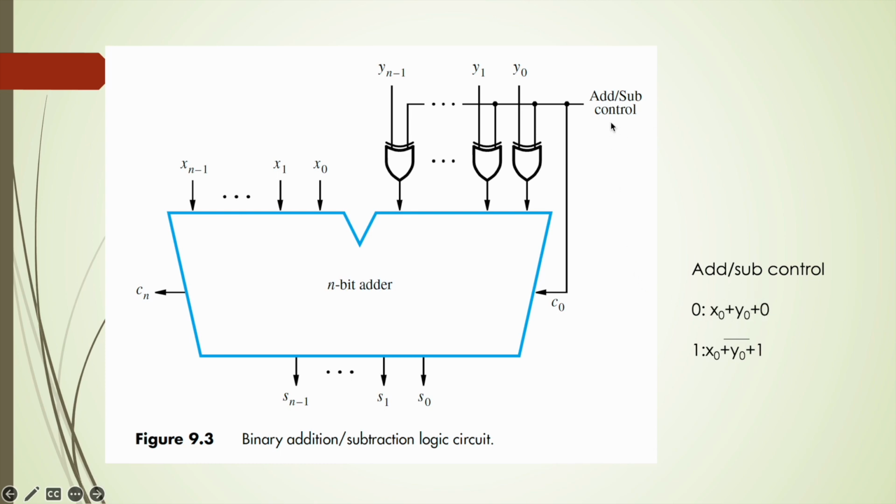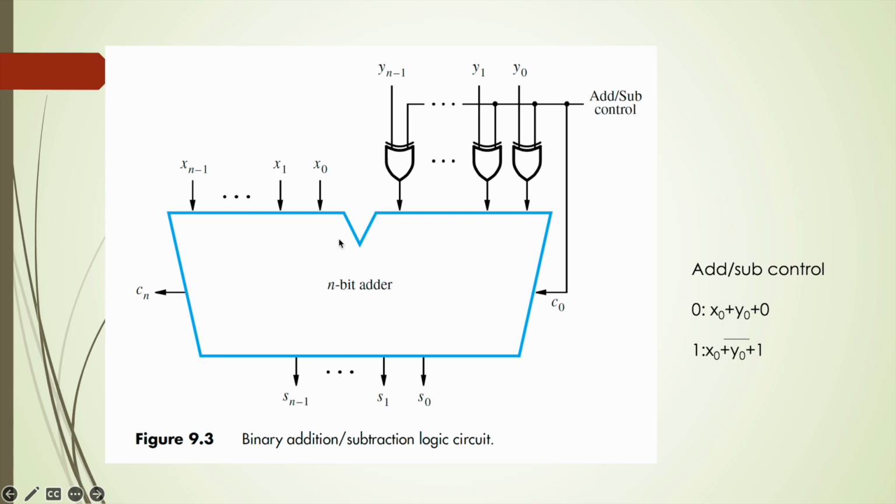When the add or subtract control is given as 1, whenever there is an input 1 to the XOR gate, it will complement the second input. So whatever the value of Y will be complemented out of the XOR gate. If 1 is passed here, then the output of this XOR gate is y bar.